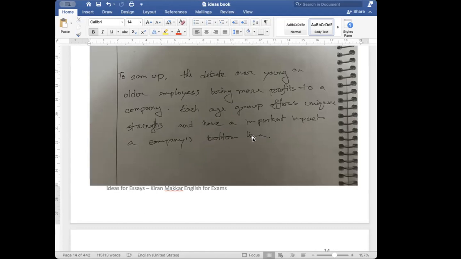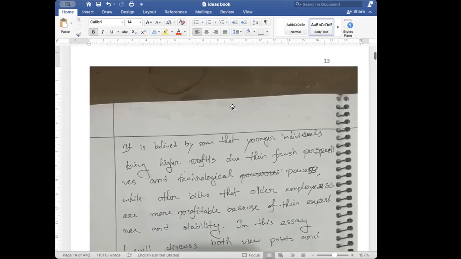So there should be a balance of both young and old in any organization. I hope it's clear. Who is this? Tushar? I hope it is clear. There are three more inputs. All right.